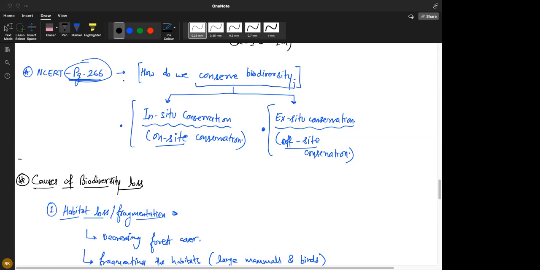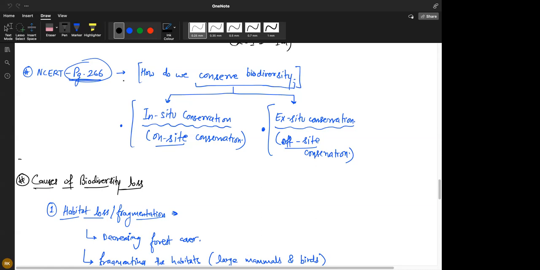So reserves, sanctuaries, national parks are for in situ. Zoological parks, wildlife safari parks, botanical gardens or animal enclosures are for ex situ conservation.